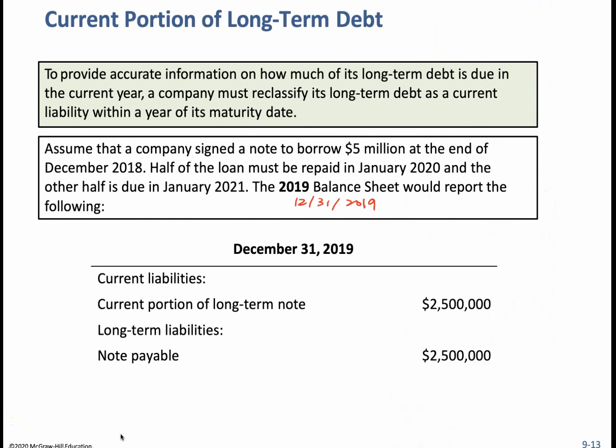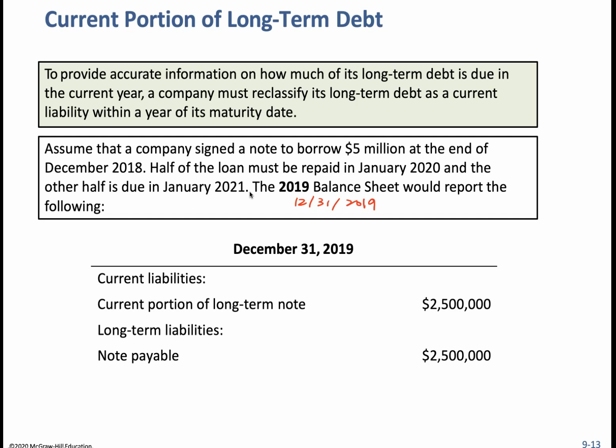The last one is very peculiar. This item is called current portion of long-term debts. So imagine a company borrows a loan for 5 years. Now, if a loan matures in 5 years, this loan is not counted as current liability.